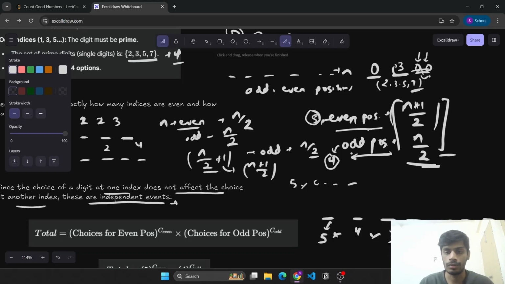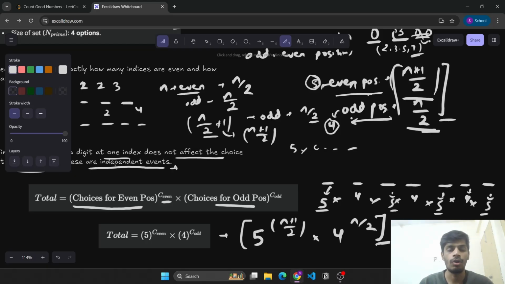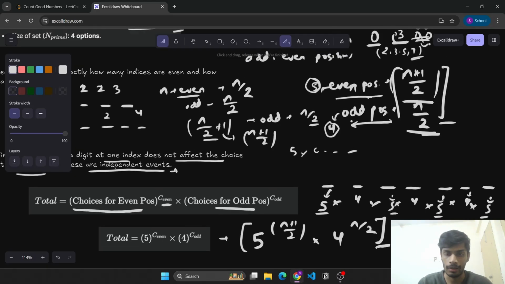Hence 5 will occur to the power of the count of even positions, which is (n+1)/2, and here it is 4. So the total equals 5^((n+1)/2) * 4^(n/2). This will be the result for a given particular n.